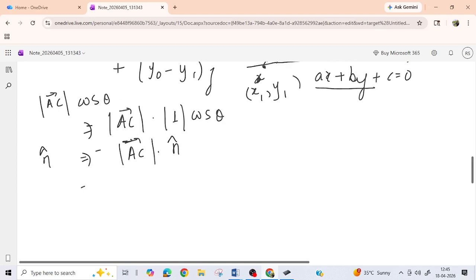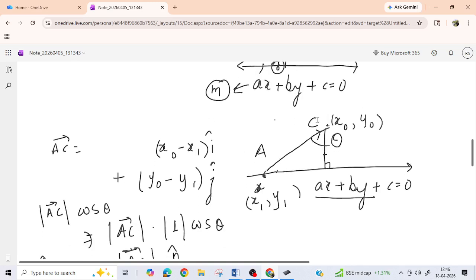Then we will get what we need. It is equal to AC magnitude of n, which is 1, into cos theta, and theta is the angle between AC and the perpendicular.